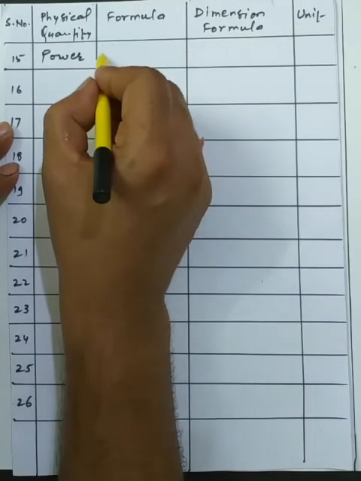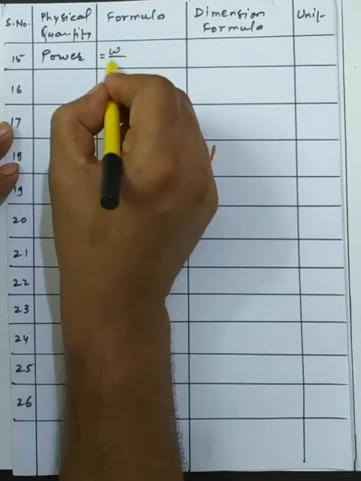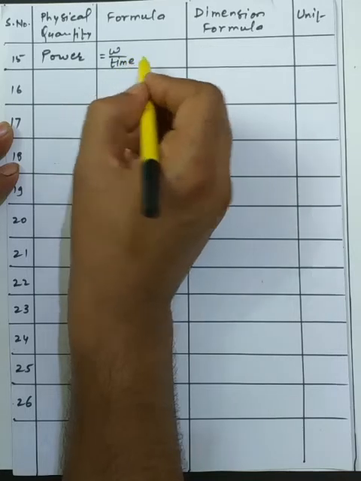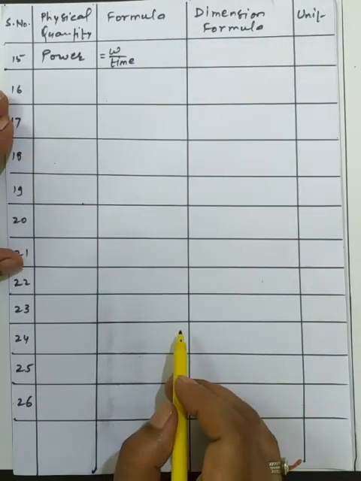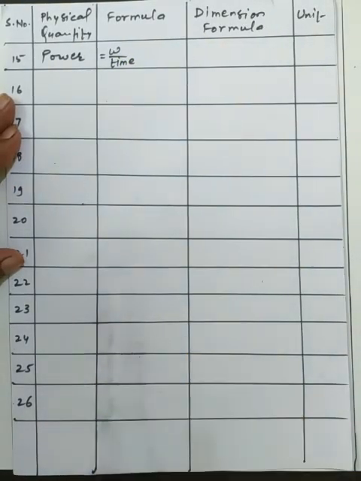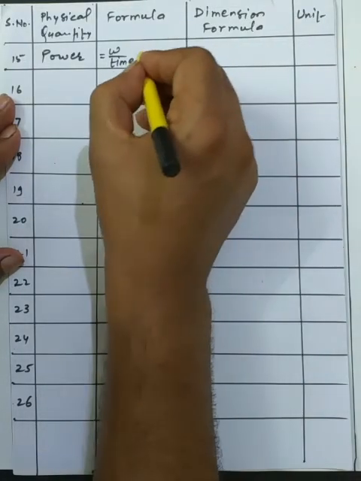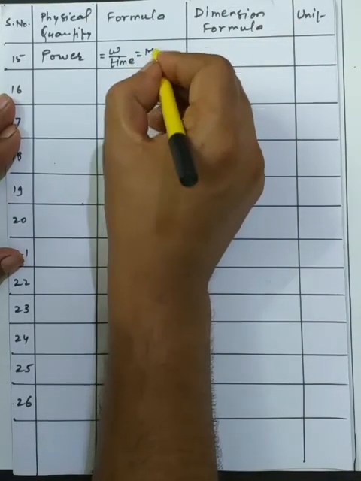So power can be represented as work upon time. Work upon time. So easily we can go with the formula. The dimension formula of work we have, that is M1 L2 T minus 2. So it's a general formula I am writing here.